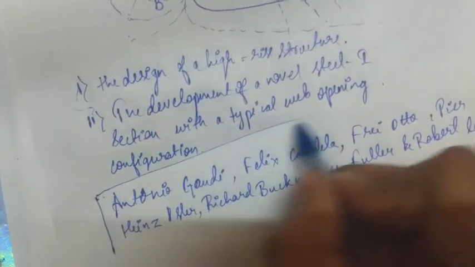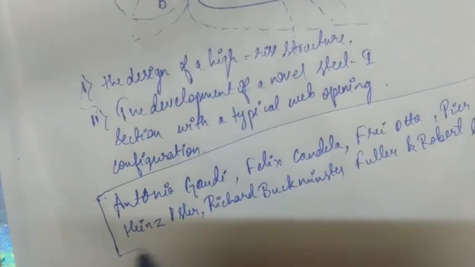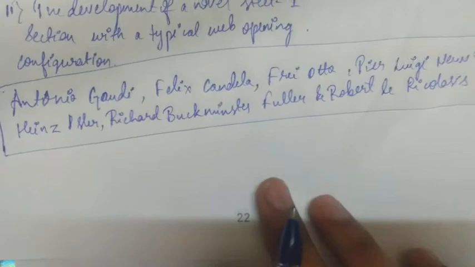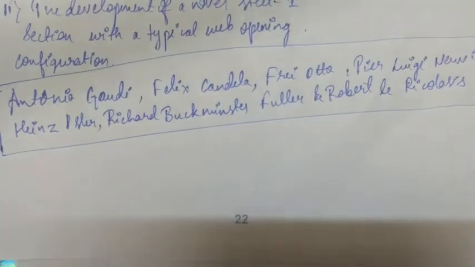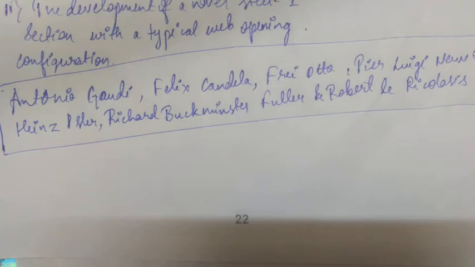So these are some of the scientists who actually worked on this topic in the 20th century. All these individuals shared the key theme, attempting to create structurally efficient and functional forms that are architecturally pleasing at the same time.